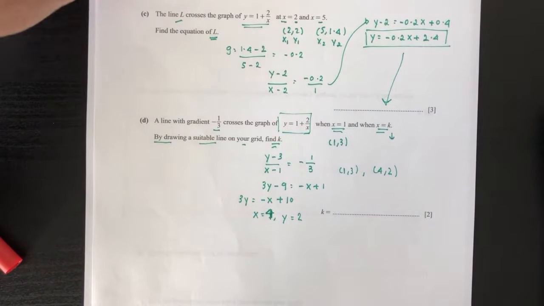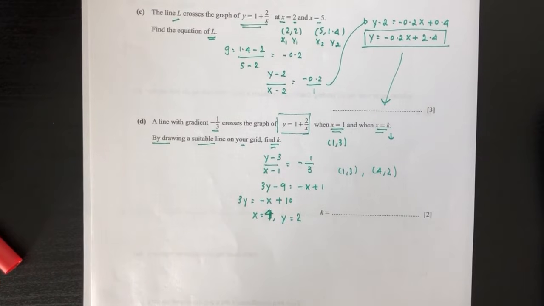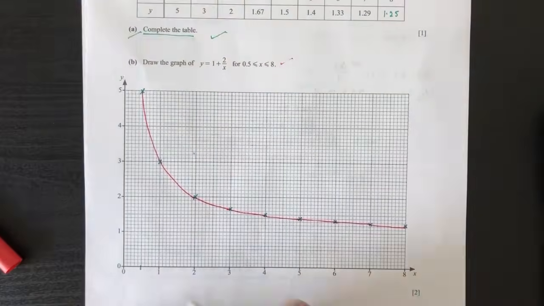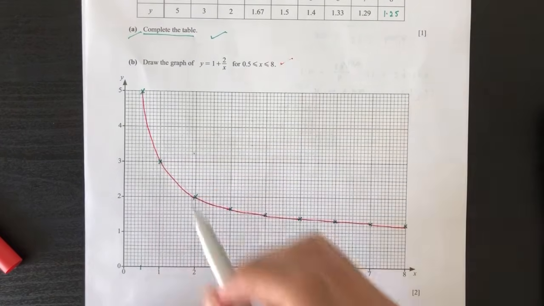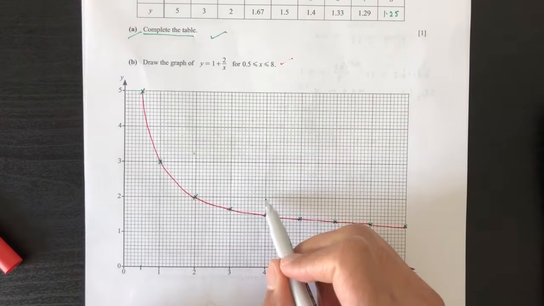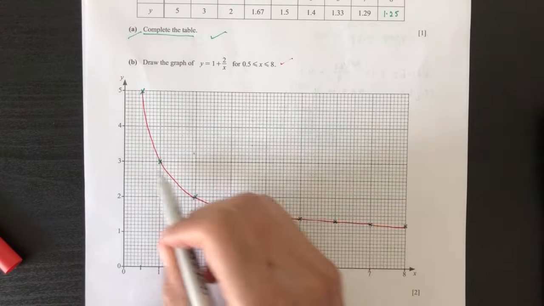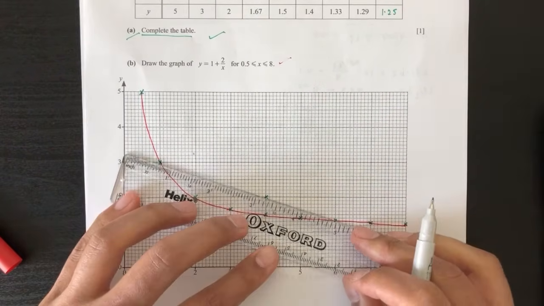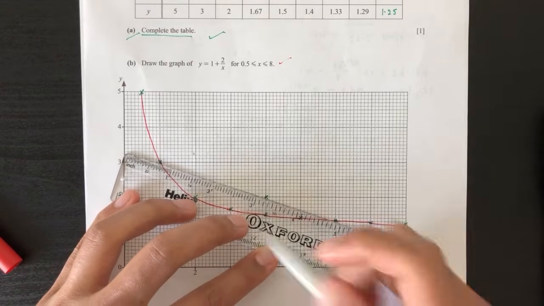Okay, so let's find the coordinates on the graph of 1, 3 and 4, 2. So where's 1, 3? 1, 3 will be here, and 4, 2 will be here. So these 2 points, let's join them and see where the other point is. So here we go.